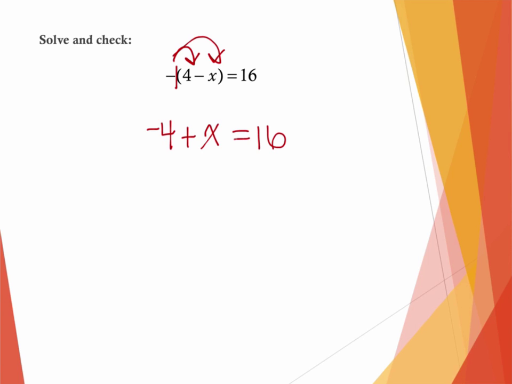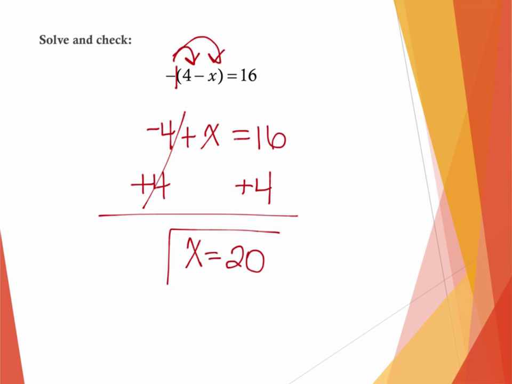And that's still equal to 16. I want to isolate x, so I'm going to add 4 to both sides. So x is equal to a positive 20. Again, we would check by plugging in 20 into the x in the original problem.